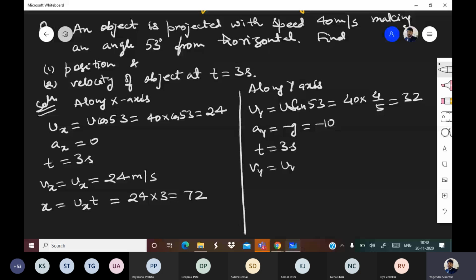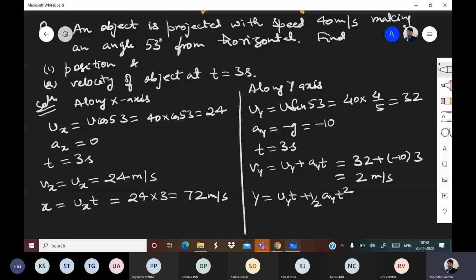So Vy is equal to Uy plus Ay into T. Uy is 32 plus Ay is minus 10 into 3. That will be 2 meters per second. Okay. And y will be Uy into T plus half Ay into T square.